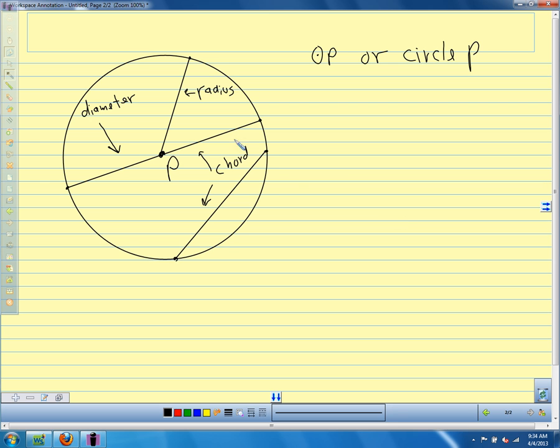A chord just has to have both of its ends on the circle. A diameter is a special chord because it has to go through the center. So there's what we're talking about with our segments. So these are things that go on kind of inside the circle. So any questions on our parts?